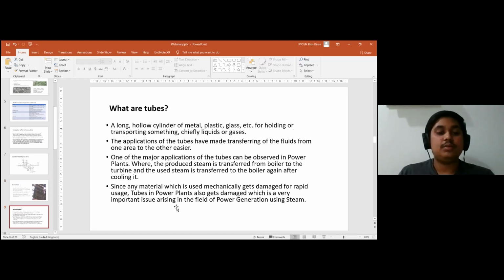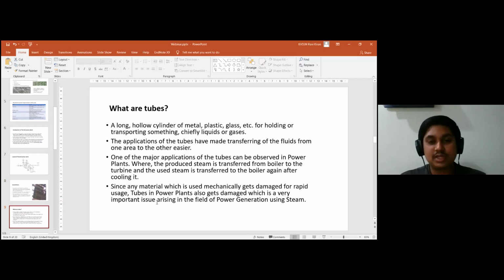Coming to the tubes, tubes are generally cylindrical structures which are used in transporting fluids, which can be liquids or gases. It is very common that we find these tube applications almost everywhere around us.